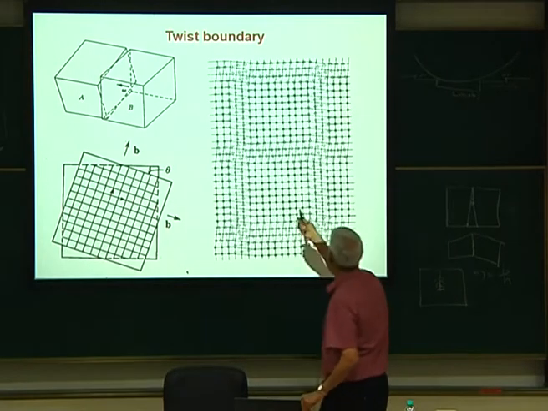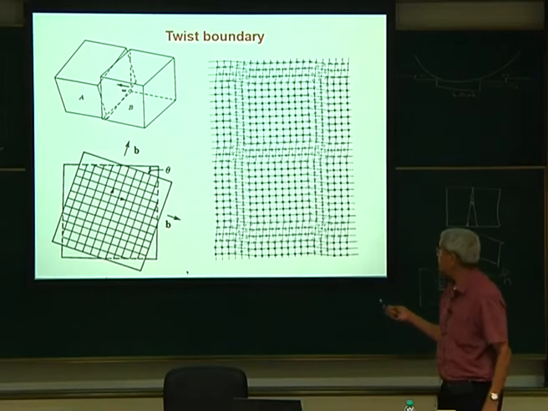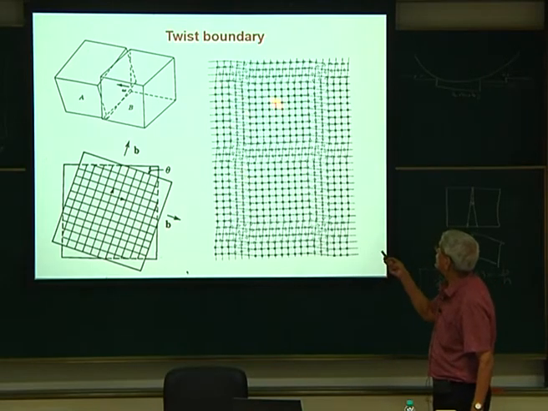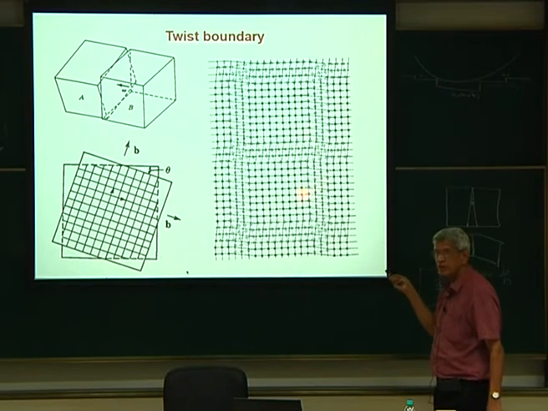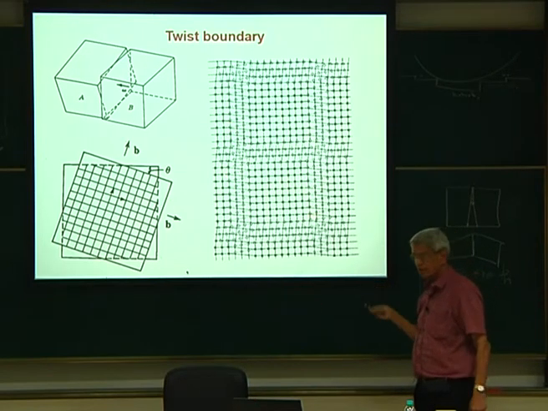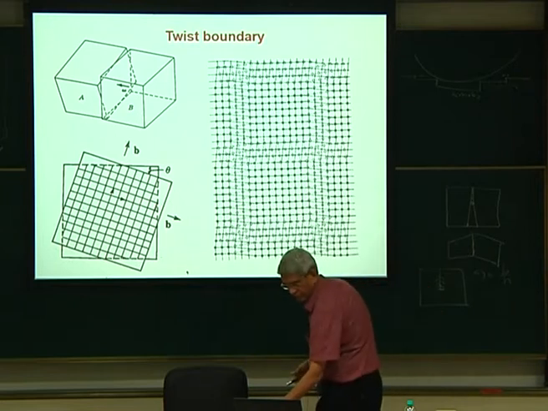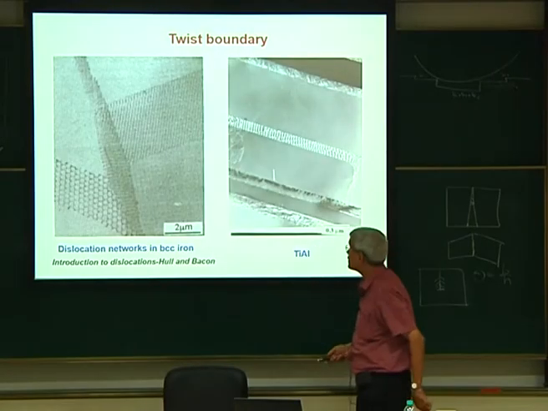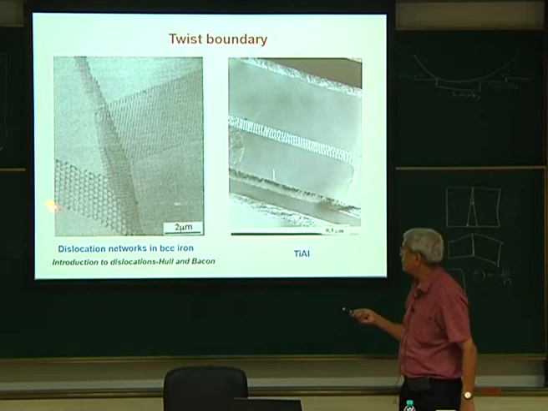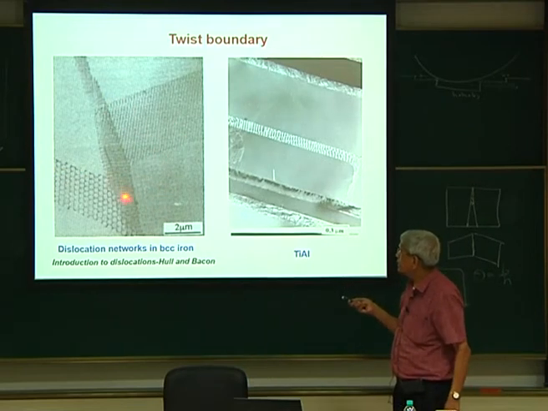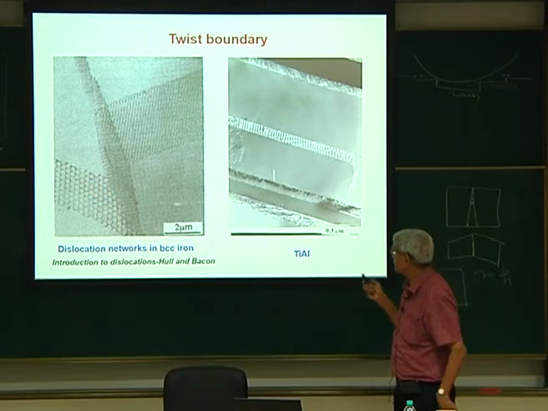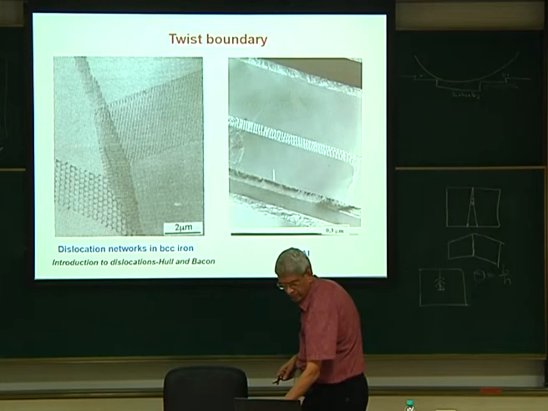That is what is being shown here, where two layers are twisted and arranged, and then the atoms rearrange themselves to an equilibrium position. This is one, there is a network of dislocations in BCC. Here also you can see these dislocations have arranged into some hexagonal structure. This I had already mentioned.